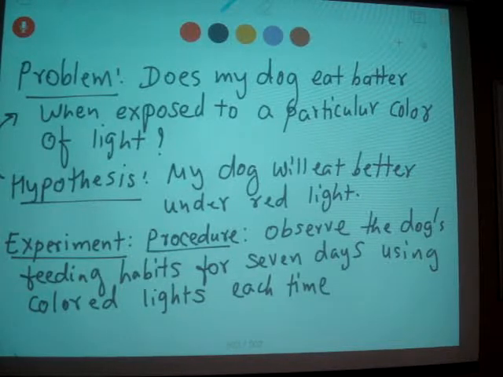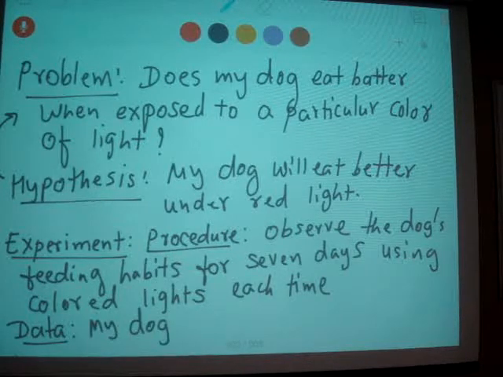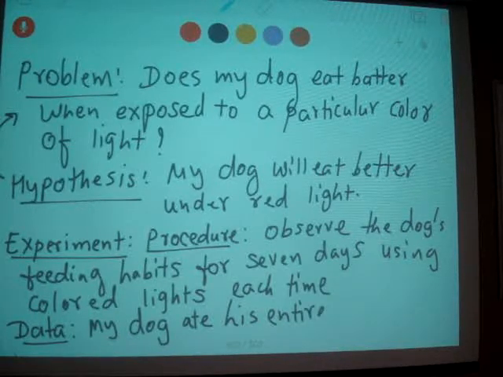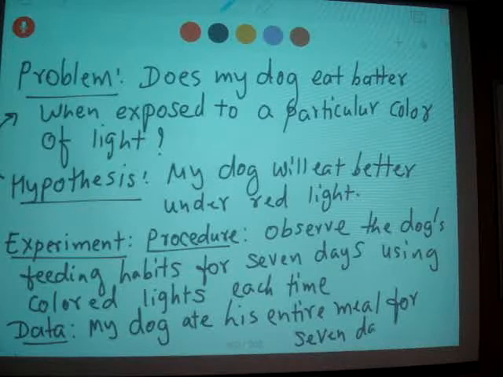Then after procedure, they collected data. Now, what they collected, they said my dog ate his entire meal for 7 days in 3 minutes.